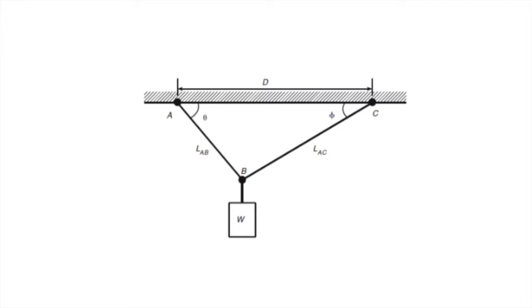After these two checks, we were to create a function that requires the inputs of D, LAB, and W that will output theta in both tensions. Then lastly, we were to plot the tensions with respect to length BC and then solve for the maximum length of BC.